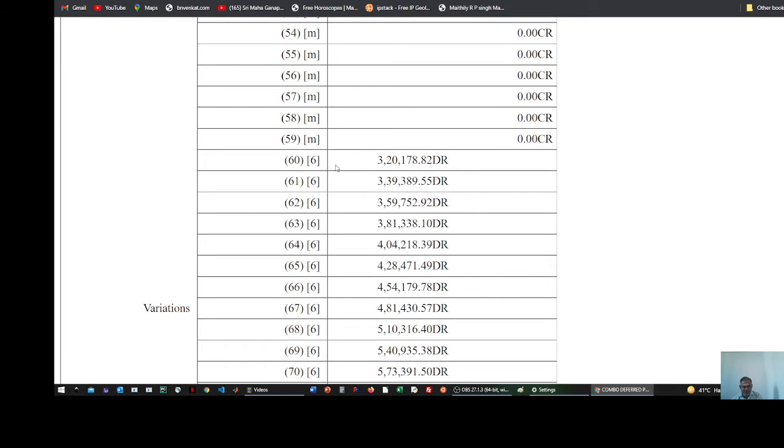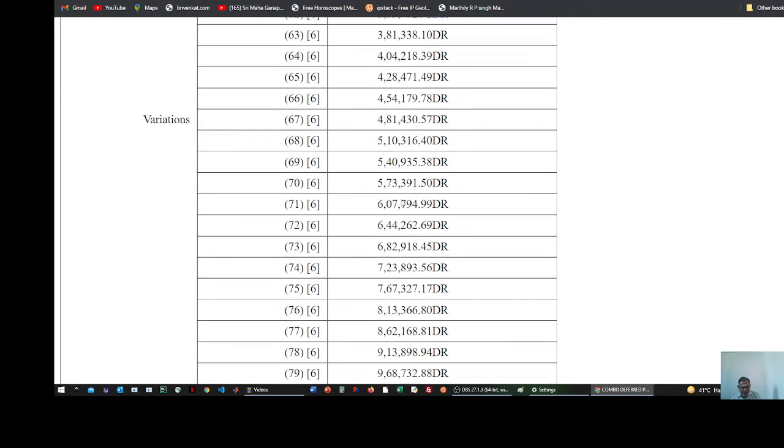Now, by age 60 of the retirement, the annuitant can get 3.20 lakh as withdrawal, then increase it by 6% every year, and so on.